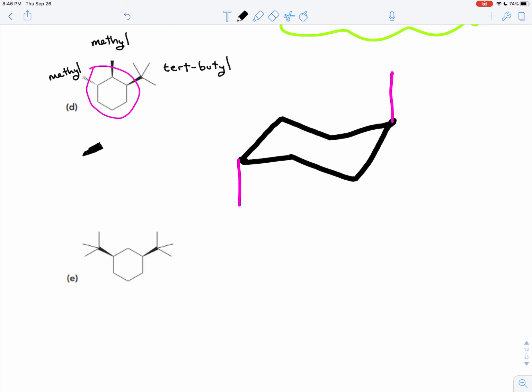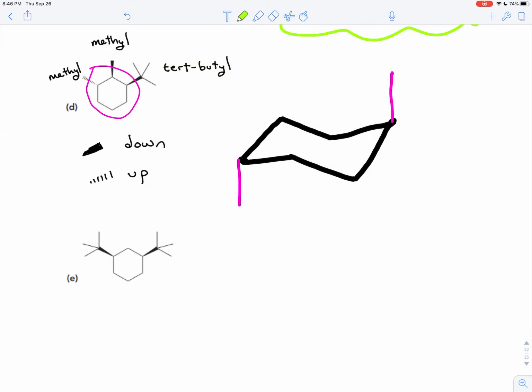Here I'm going to choose that those solid wedges, which mean that the bond is coming out at you, will be going down. If you put up, you'd still end up getting the same correct answer. It may not look the same, but you'd be able to twist the molecule in such a way that they would be the same thing. And if that is going down, then the bonds going away from us will end up going up. Coming out at us, going away from us, those are opposite directions. Down and up, those are opposite directions.